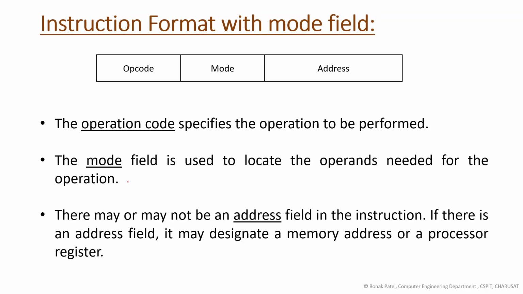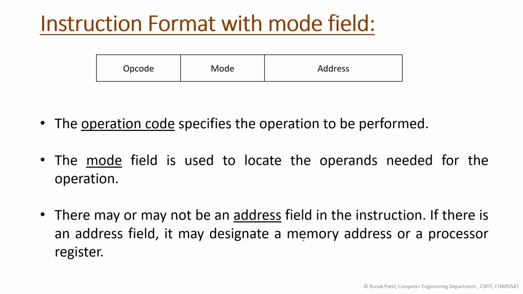There may or may not be an address field in the instruction. If there is an address field, it may designate a memory address or a processor register. So this address can be a memory address or a processor register.